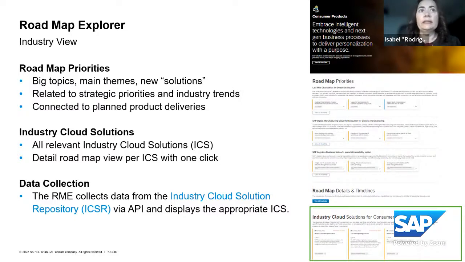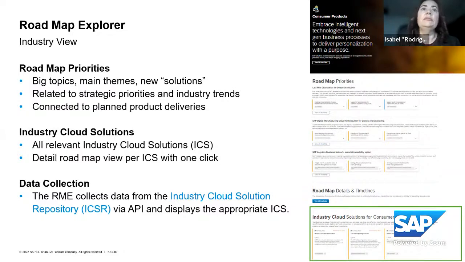Now, more details, of course, in my demo. I think it's clearer if I explain all the details in my demo. Nevertheless, here I would just like to give some heads up on what is coming with this industry cloud. So the industry cloud, of course, is only showing up at the industry business views.